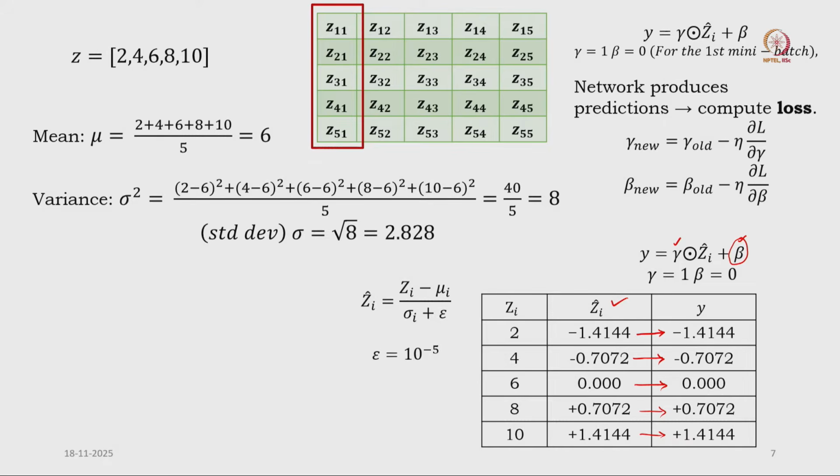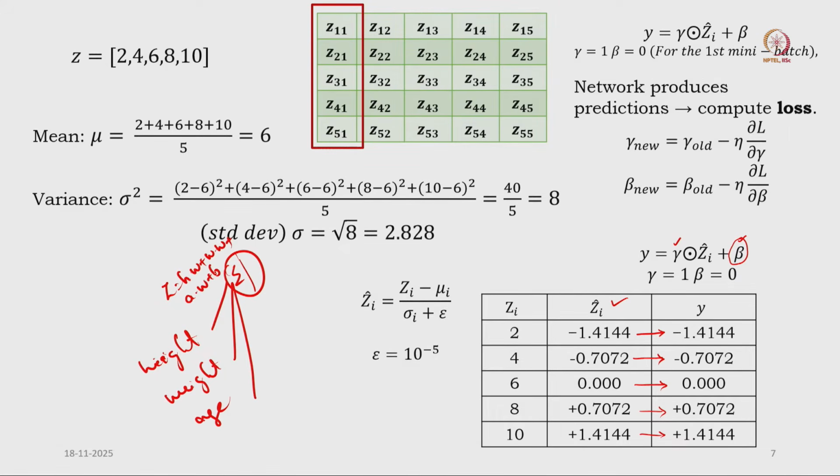Now, so far whenever we pass an input, height, weight, age, to a neuron, first you will be doing a summation, which is z equal to height into weight, weight into weight, plus age into weight, plus bias. This z value was passed to an activation function. But now the z value is not directly passed to an activation function.